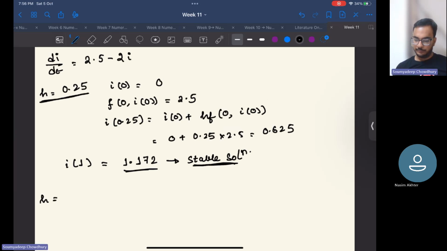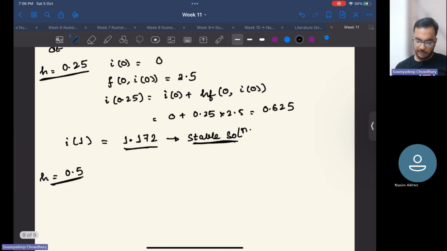Now if you do the same thing using h equal to 0.5, I of 0 is 0, f of 0 comma I of 0 is again the same 2.5.